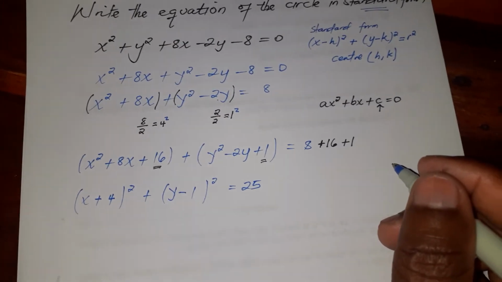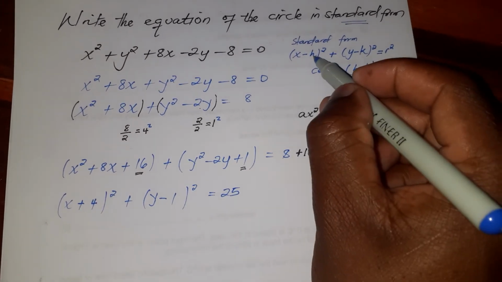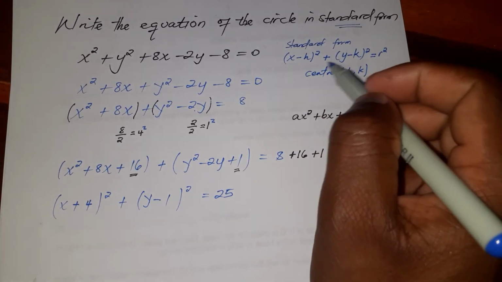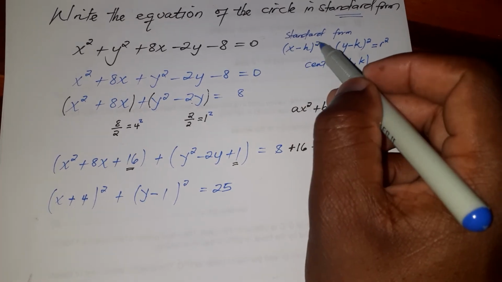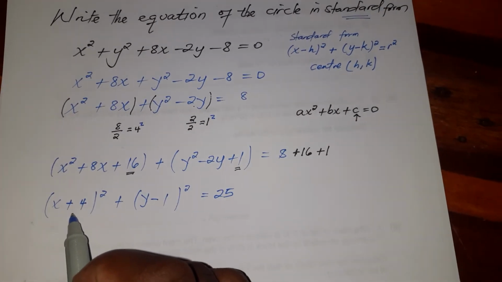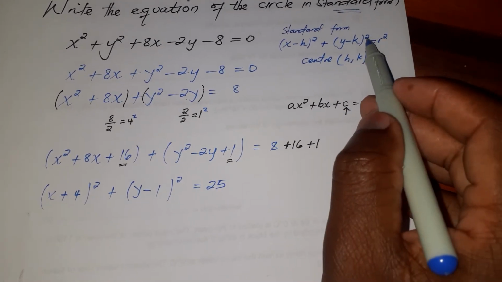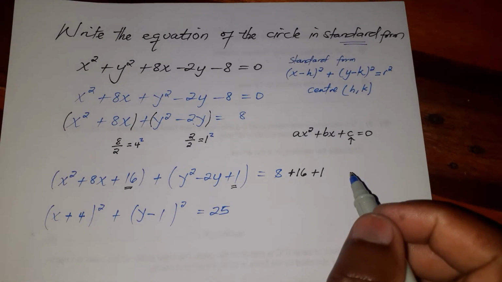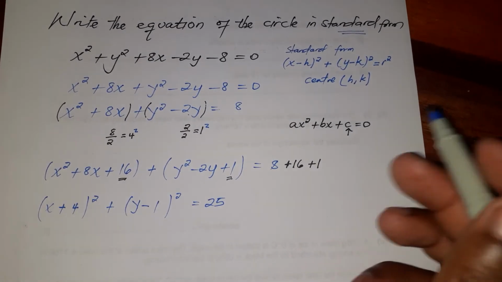Now what you can see here is that, comparing with the standard form of the equation of the circle, we have the first bracket squared, and then plus the second bracket squared, and then equals r squared. That means our r squared in this case is 25.